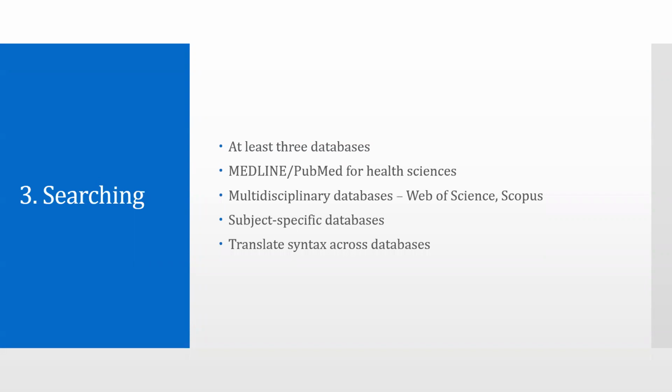You might want to include a subject-specific database. So, for example, if you're in psychology, PsycInfo, education, there are education-specific databases, business. And then once you have your final search strategy in one database, we'll help you translate it to the other databases because they all work a little bit differently.